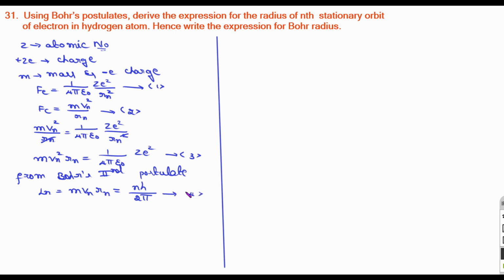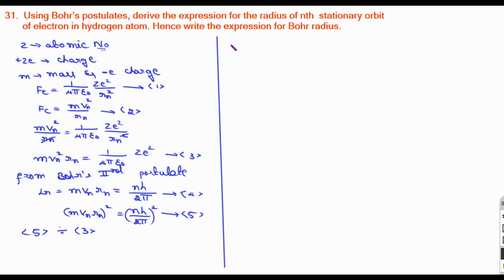This is equation number 4. Now I will divide equation 3 by 4. So before dividing it, I will also square it. Okay, m vn Rn whole square is equal to nh divided by 2 pi whole square, which means I am squaring on both the sides. Alright. Now I will divide this equation 5 by equation 3.